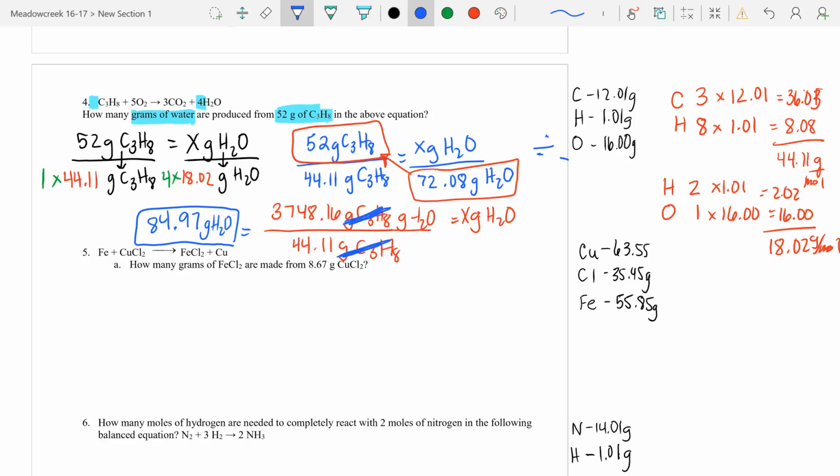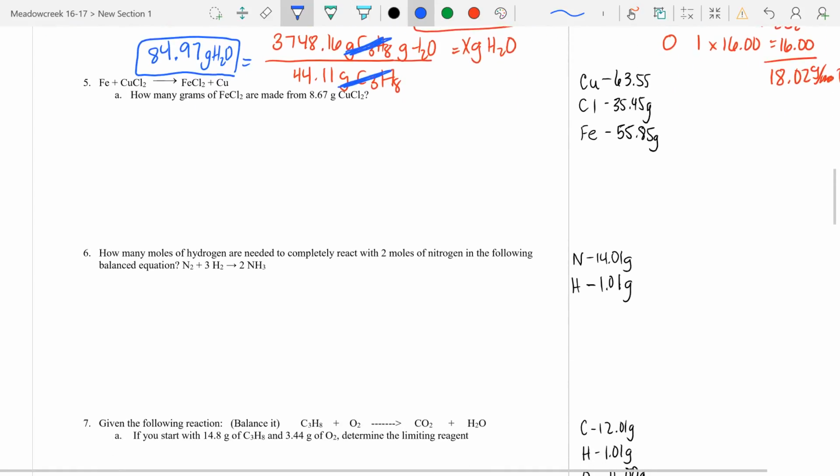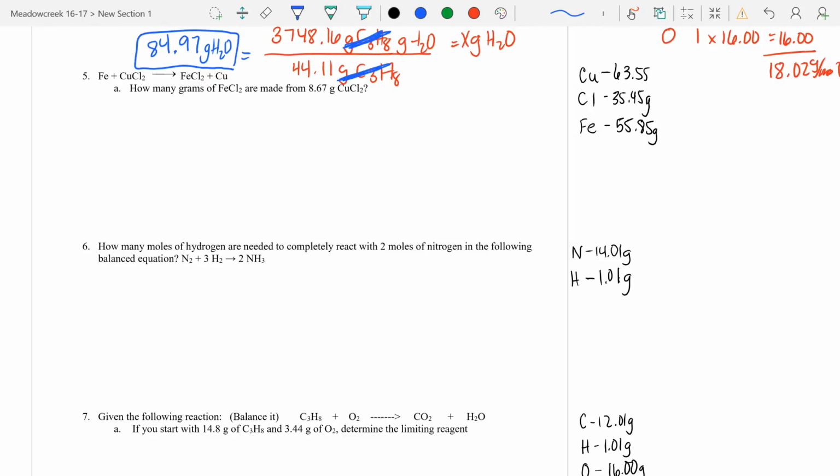For problem number 5, let's just mosey on down to it. Okay. Problem number 5 says how many grams of FeCl2, or iron chloride, are made from 8.67 grams of copper chloride. Now again, we start off with what's given to us.